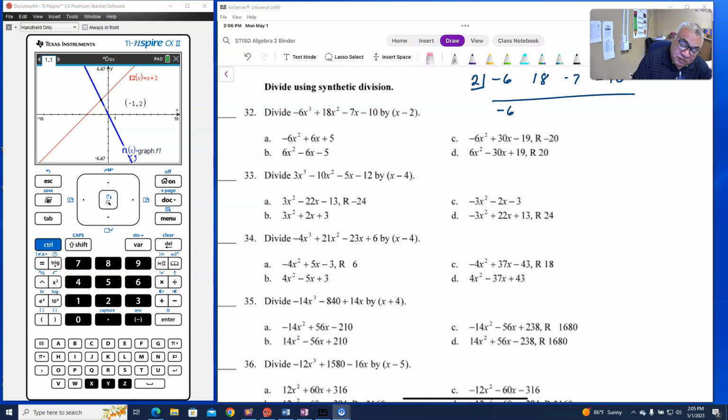So 2 times -6 gives you -12. 18 plus -12 gives you 6. 2 times 6 is 12. -7 plus 12 gives you 5. And then 2 times 5 gives you 10. So our remainder is 0. So it's not C and D. And we have x to the third, so it's going to have to be -6x squared plus 6x plus 5. So your answer is A.